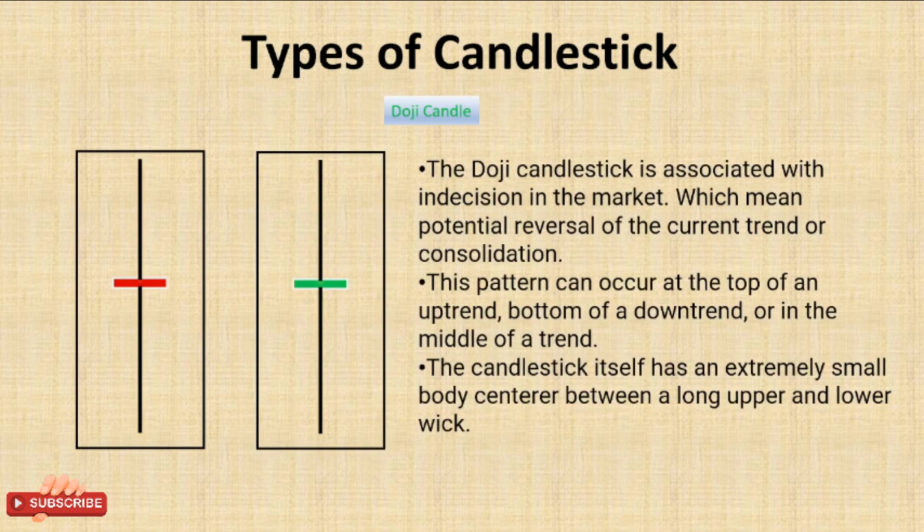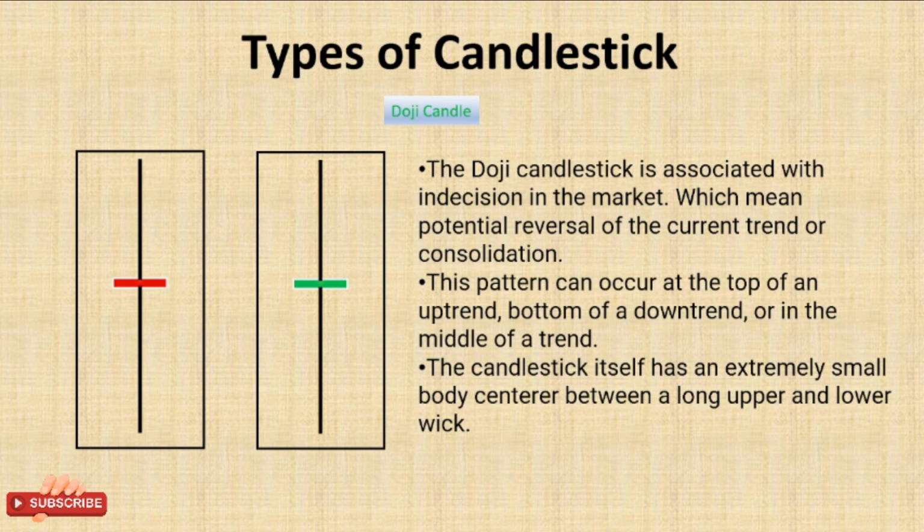So in a doji candle, we have a long wick and a small body. So let's understand what this doji candle tells us. A doji candlestick is associated with indecision in the market, which means the potential of reversal of the current trend is very high. This pattern obviously occurs at the top or at the bottom.